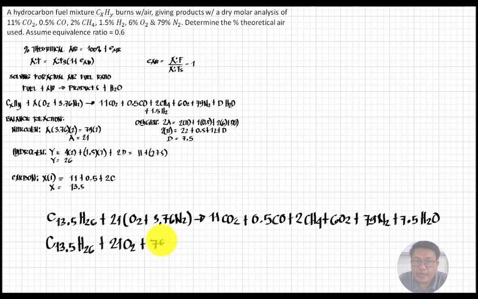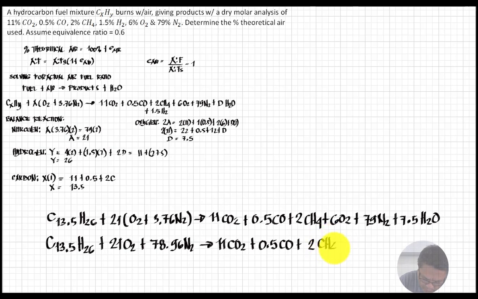So this will become 78.96 for your nitrogen. Then for our product, we have 11 CO2 plus 0.5 CO, then plus 2 CH4 plus 6 O2 plus 79 nitrogen plus 7.5 H2O.